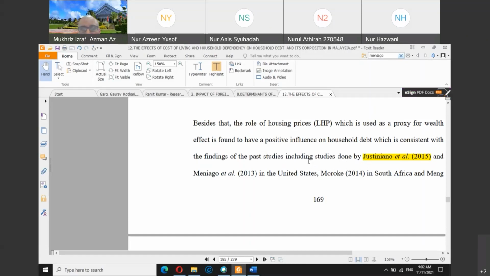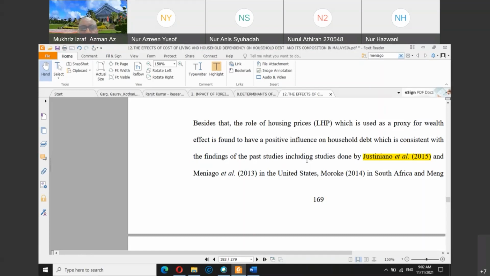What we find in our thesis is also found in other theses. We don't simply write; whatever we do must have some reference or other articles that we can refer to. That is academic writing.